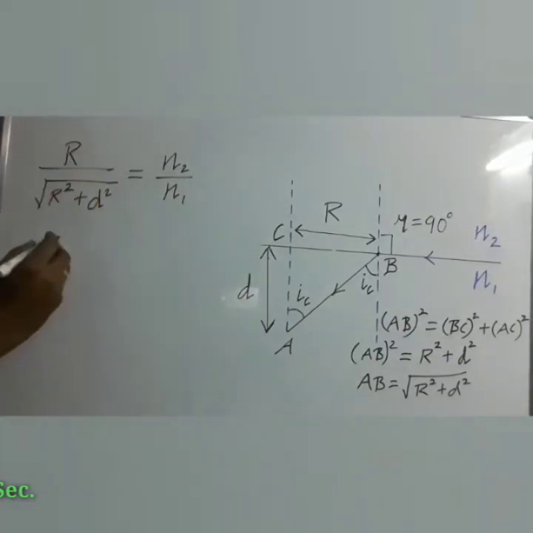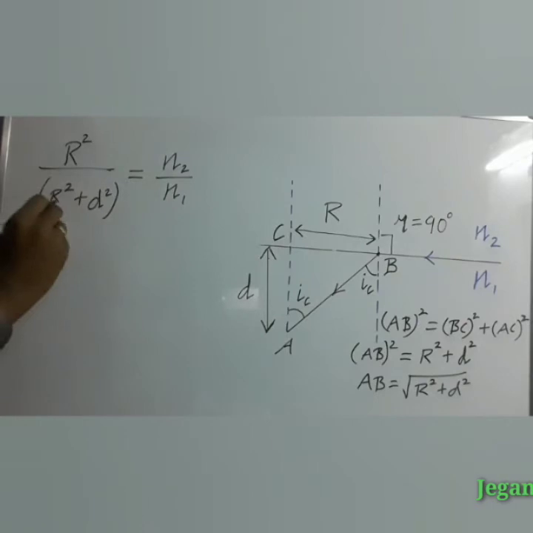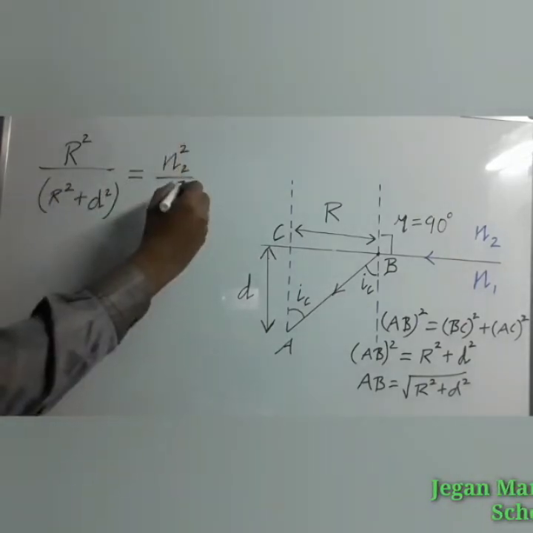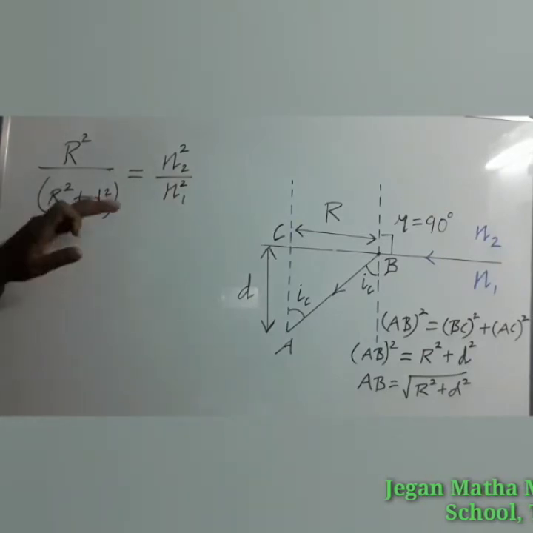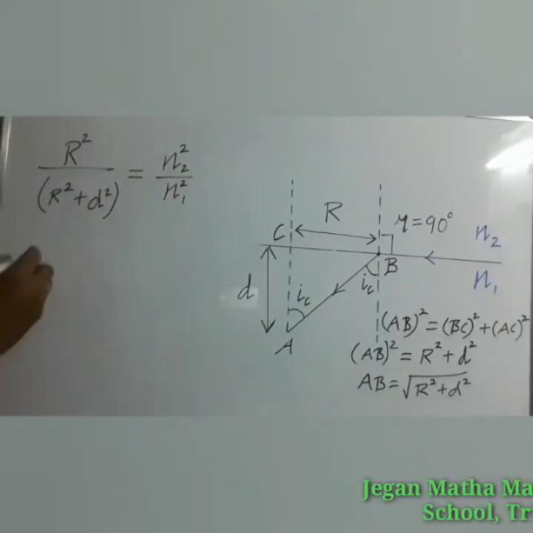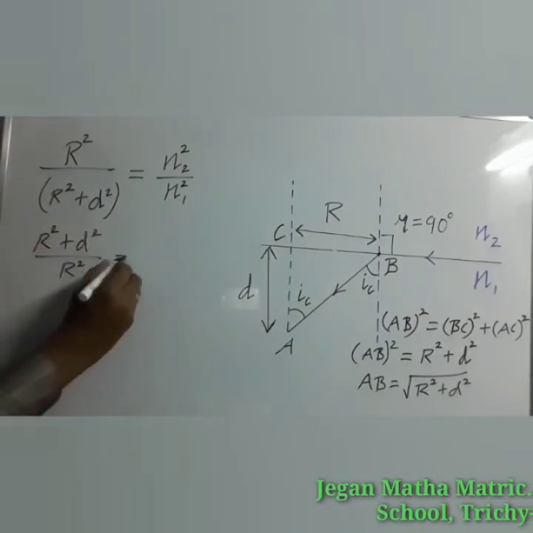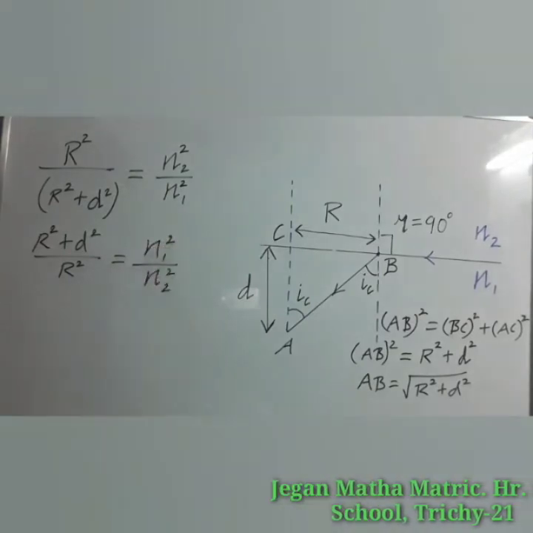So here it will be R square over R square plus D square equals n2 square by n1 square. Then we can take the reciprocal. So R square plus D square by R square is equal to n1 square by n2 square.